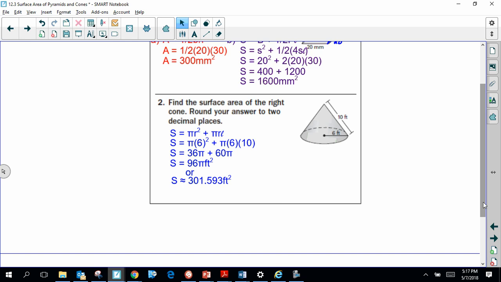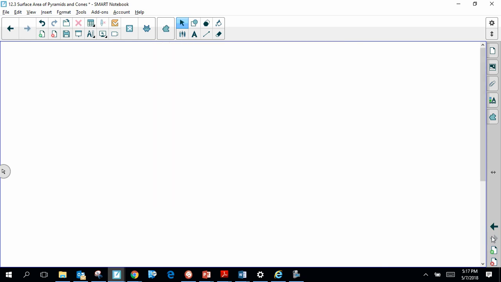Substitute 6 for the radius and 10 for the slant height. And simplifying gives me 36 pi plus 60 pi. Those are like terms, so together the exact area would be 96 pi feet squared, and the approximate area would be about 301.6.